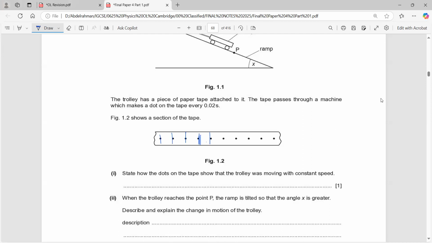But if you have the same distances between the dots, then you have the same speed. It's a constant speed. يبقى how do I know that it is a constant speed? يبقى same distance between the dots. ماشي. حلو سهل. اوكي. ماشي.